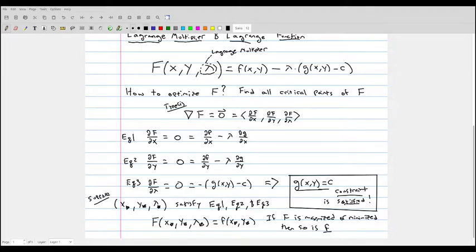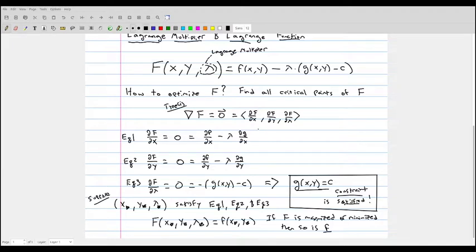The constraint is also satisfied. So this is really a big thing. This is the power of the Lagrange multiplier method: the maximum and minimum of capital F directly correspond to maximum and minimum of lowercase f, while also satisfying our constraint. So this is a very cool and very neat trick mathematically.